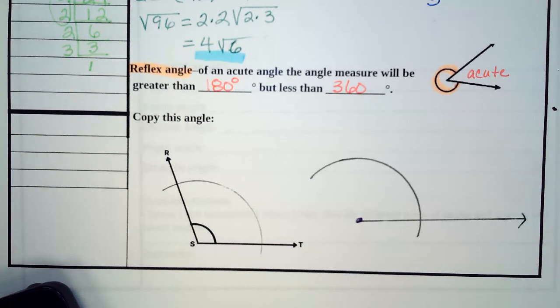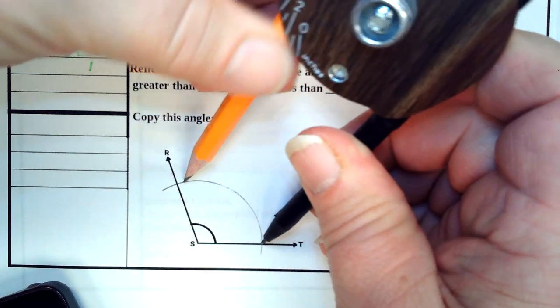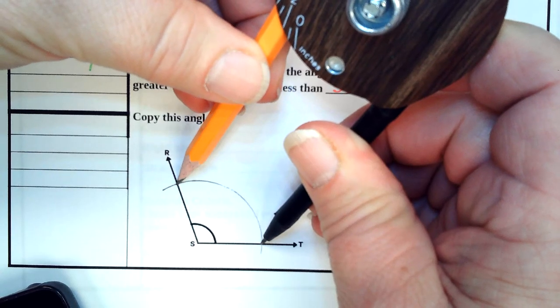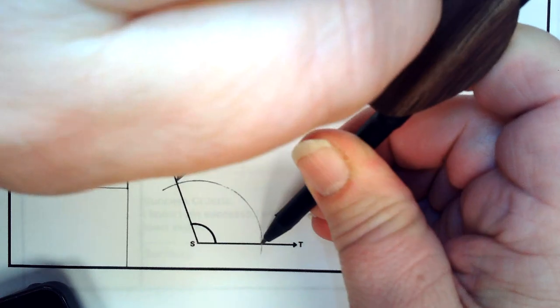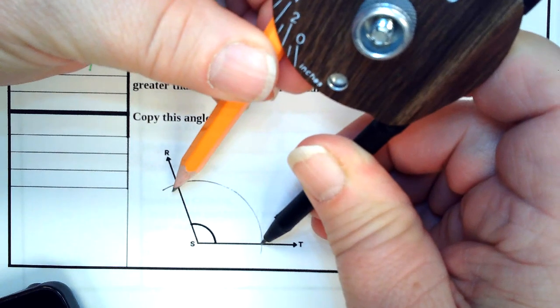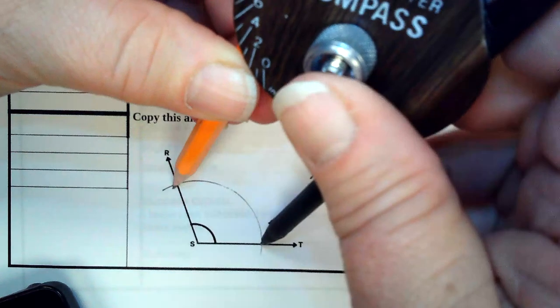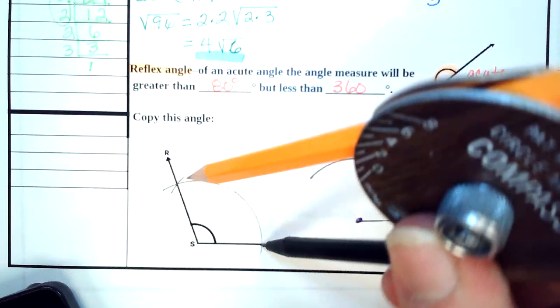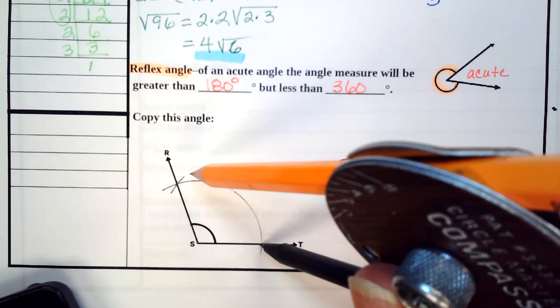I now need the length. This is where I have to do my precision. I need the length from here to where it intersects up here. So I'll loosen. Whoops, it kind of went out a little bit there. This is where you've got to be careful. Now, I've got that intersecting arc.